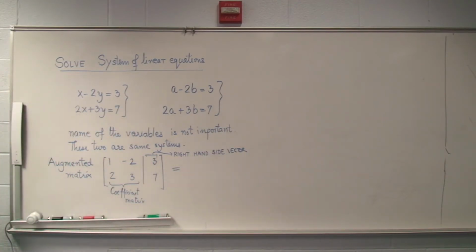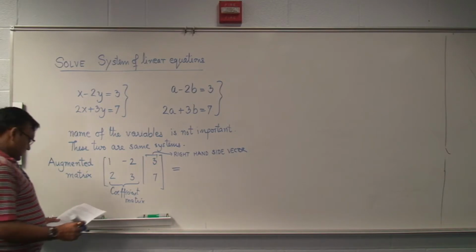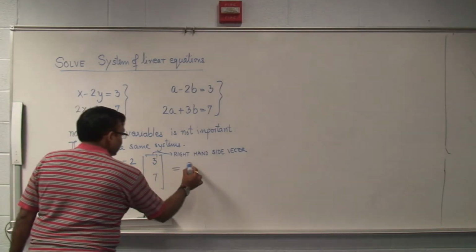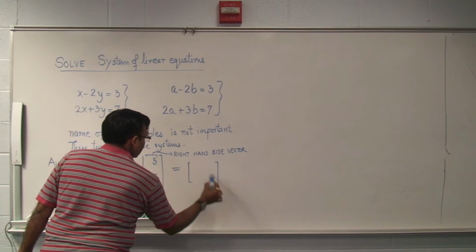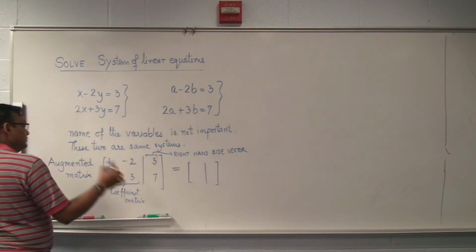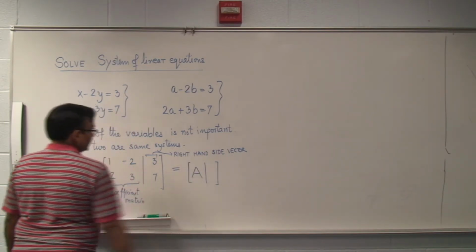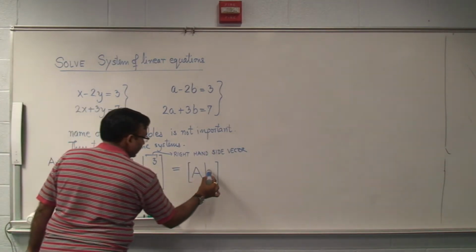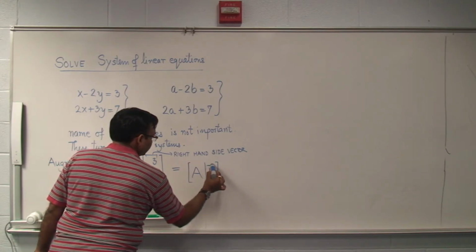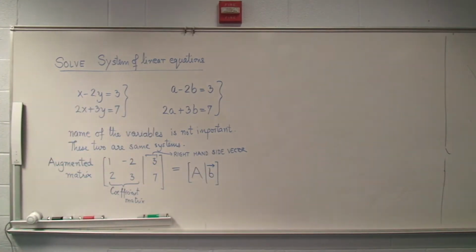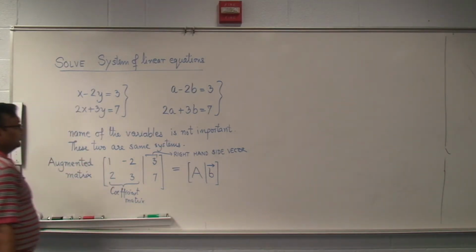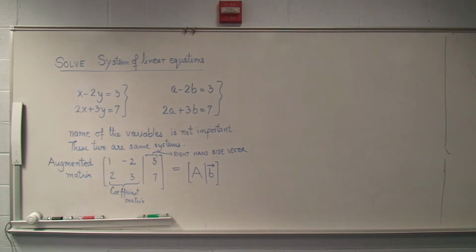For short, sometimes I will just call it the right-hand side or right side. So in general, we will use a notation for it. This vertical line basically tells you the distinction between the coefficient matrix and the right side. We generally write the coefficient matrix as matrix A, and the right-hand side as a vector B. This is the most common notation that we are going to use to represent a system of linear equations.